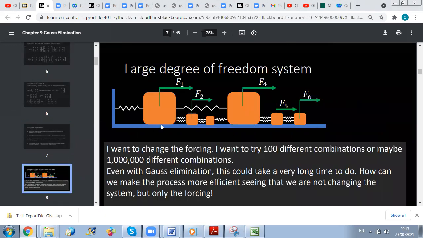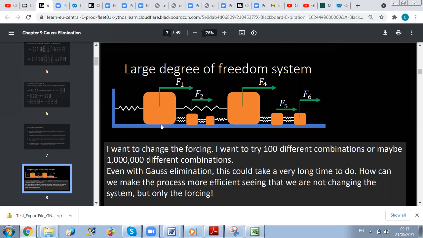Now we will start to introduce this new chapter. If you remember, in the last chapter, we saw that when we have a large system, a high number of equations with a high number of unknowns, it is very difficult to use Cramer's rule. This is why we came up with the Gauss elimination technique.